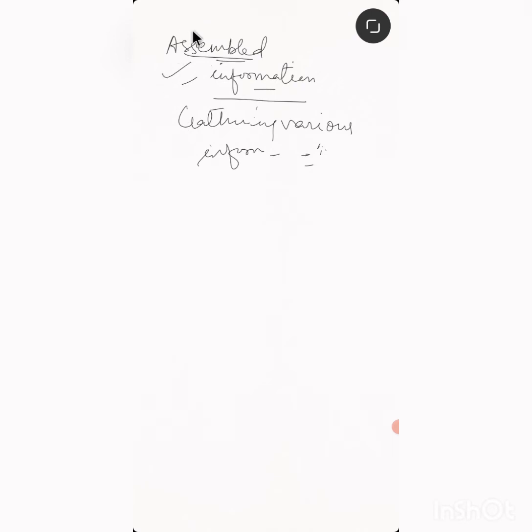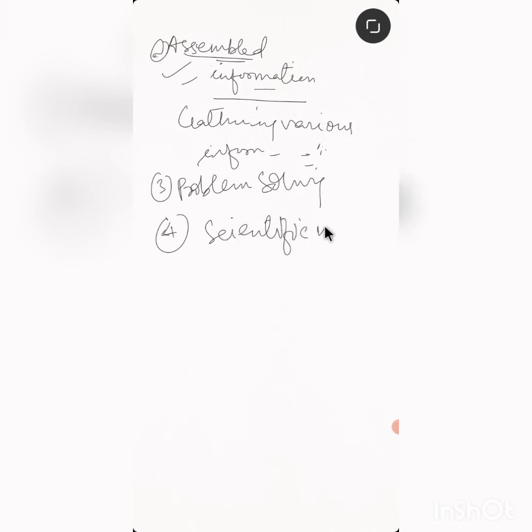First one is the logical reasoning, and in logical reasoning, inductive and deductive reasoning, and the next one is the assembled information, and the another one is your problem solving. The third one is problem solving, right, and the fourth one is your scientific method, which is research only. Scientific method, which is research only, right?